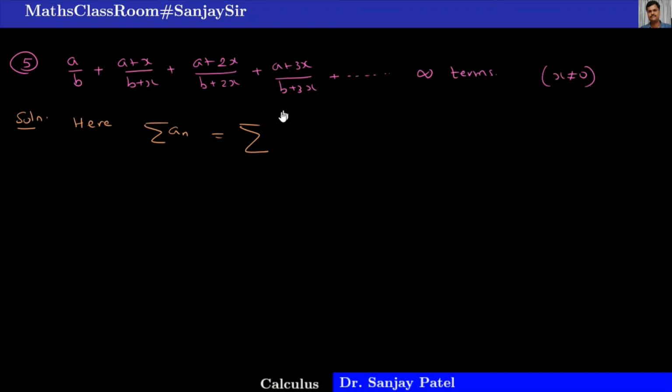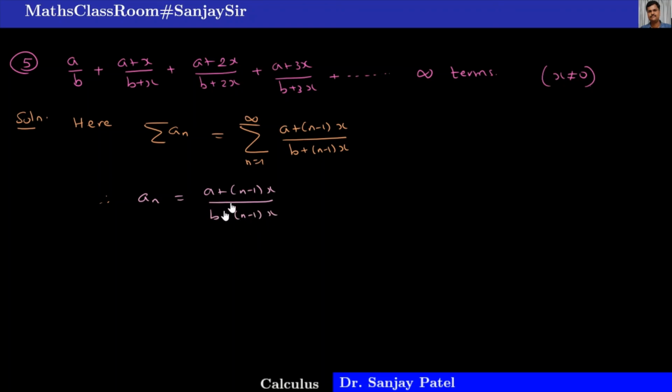So in general we can write the numerator as a plus (n minus 1) times x, where n is equal to 1 to infinity, and in the same way we can write for the denominator b plus (n minus 1) times x. We can verify for n equal to 1, this is 0, so we'll get only a upon b, the first term. For n equal to 2, we'll get a plus x, since 2 minus 1 is 1, and b plus x. So therefore we have an is equal to a plus (n minus 1) times x upon b plus (n minus 1) times x.